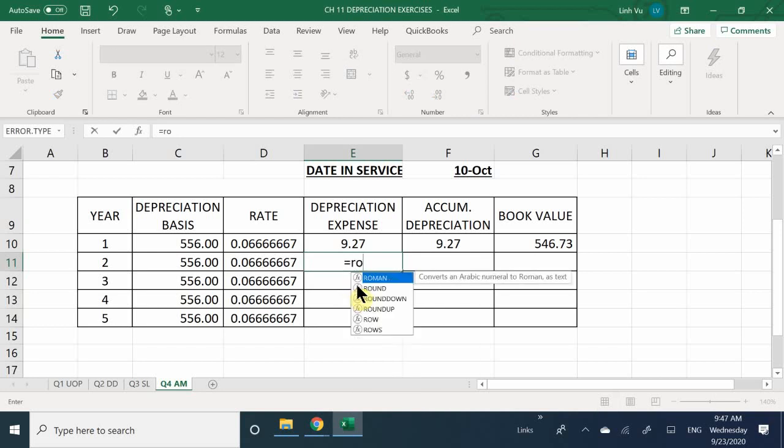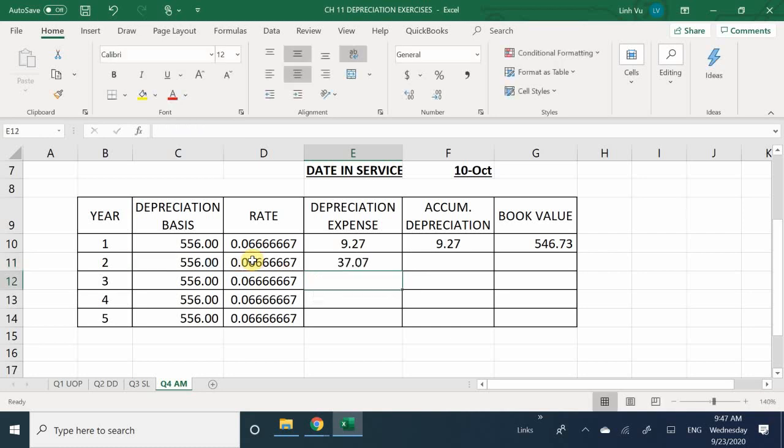Equal round, multiply this times this, comma 2. And we get 37.07. Because we know that it's for one whole year and we're spreading the cost evenly, it's going to be applied all the way through.